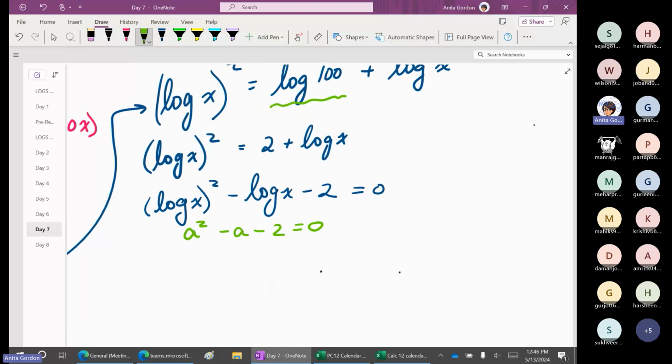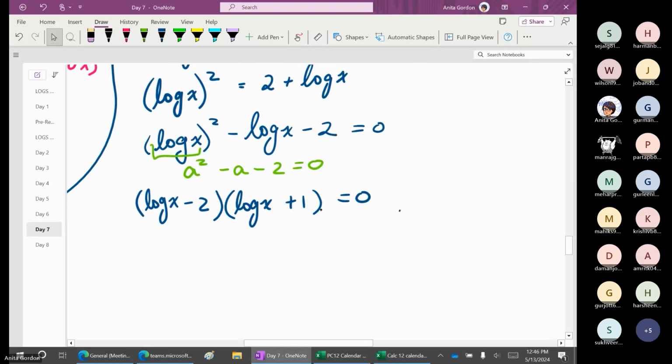What would be my options for factors? -2, +1. So (log x minus 2)(log x plus 1) equals 0, right? We're just doing a little substitution here because I can see that this is a quadratic. Just called that piece a.